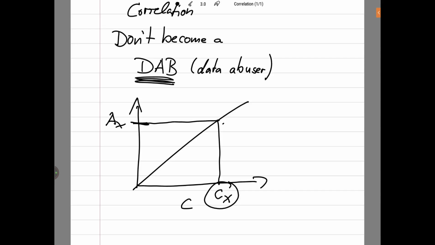Okay? And another question was, what is this L in the Beer-Lambert law? When we said A equals C times L times epsilon, what is this L?